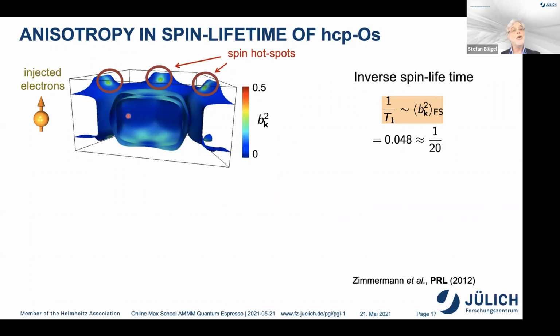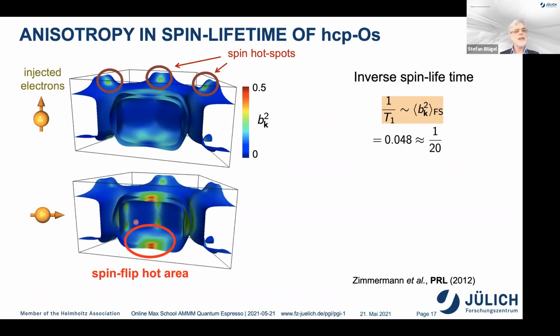Then the spin orientation matters. And you see that in some areas, if you inject the spin like this, you have so-called spin hotspots where this B becomes very large. If you integrate all this B over the Fermi surface, you get the inverse of the spin lifetime. And I'm saying in this configuration, the spin lifetime is roughly 1/20.